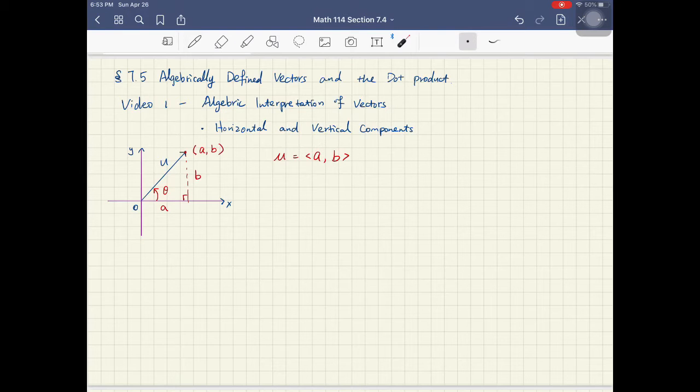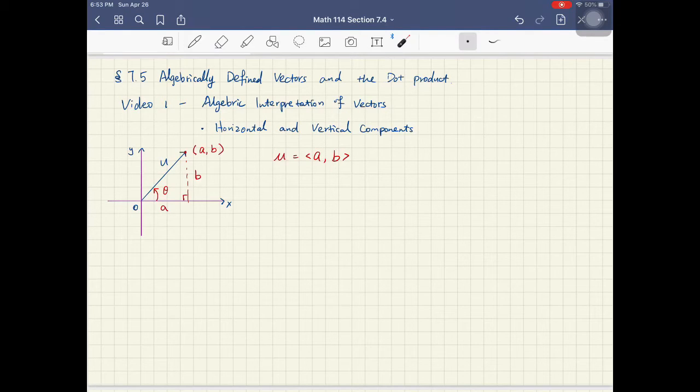Since we have a and b, we can actually have two components for vector u. The first one is horizontal: a is the horizontal component for any vector. And b is the vertical direction, so b is the vertical component for any vector.